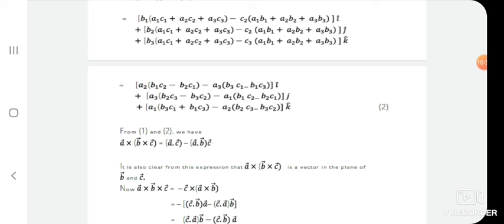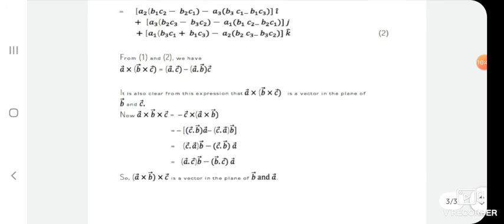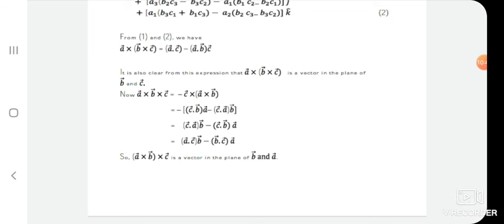It is also clear from the expression that A cross B cross C is a vector in the plane of A, B cross C. Now, A cross B cross C is equal to minus C cross A cross B. C cross A cross B can be written as minus (C dot B into A minus C dot A into B).